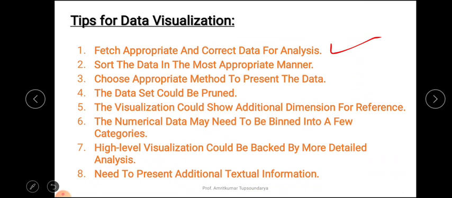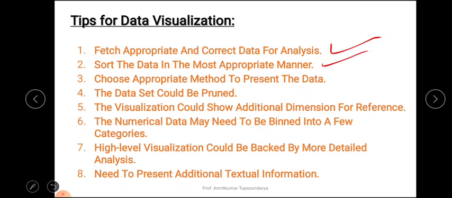For example, in a business environment, one may need to understand the many measures of profitability and productivity. That can be a perfect example of fetching appropriate and correct data for analysis.